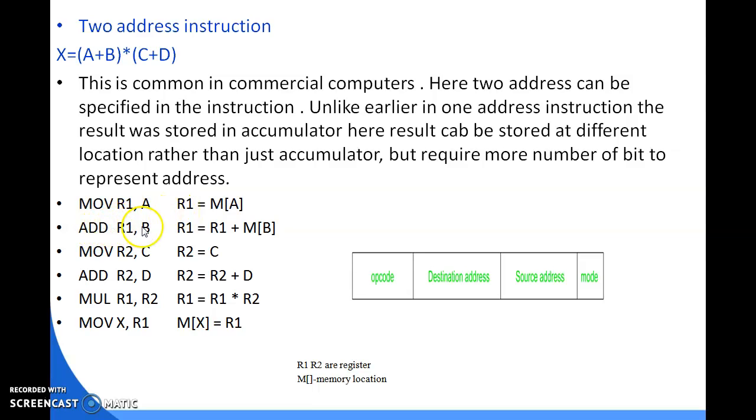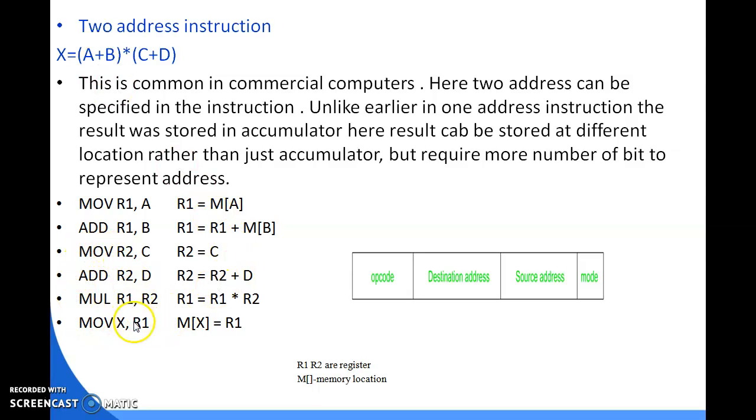Similarly add R1, B, that means R1 equals R1, that means A, plus MB. MB means B is another data or operand stored within the memory. So R1 equals A plus MB, that means A plus B, you have to calculate it.